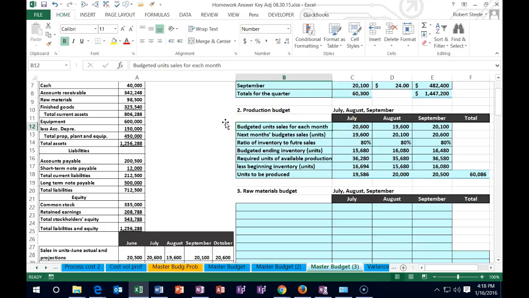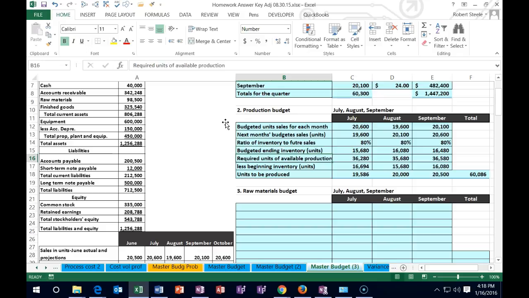So take a look at this calculation. You're going to see this a few different times. We're going to do the same thing when we start to calculate the materials. So whenever we think about how much we're going to need in terms of a budgeting stance, we're going to say, well, how much are the sales going to be? We're going to need that. And then we're going to add to it how much we think ending inventory should be. How much of a cushion do we want over the sales, or in the case of materials, over the amount that we're going to use.